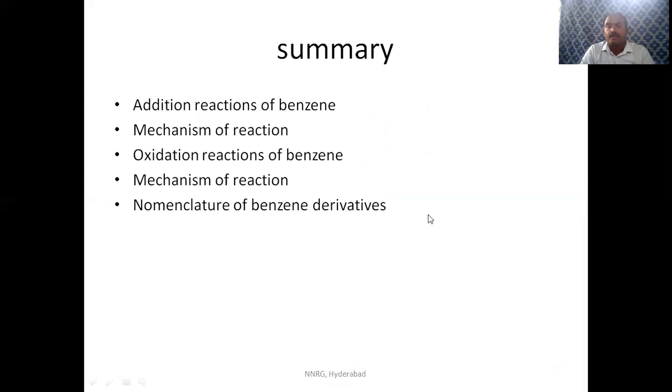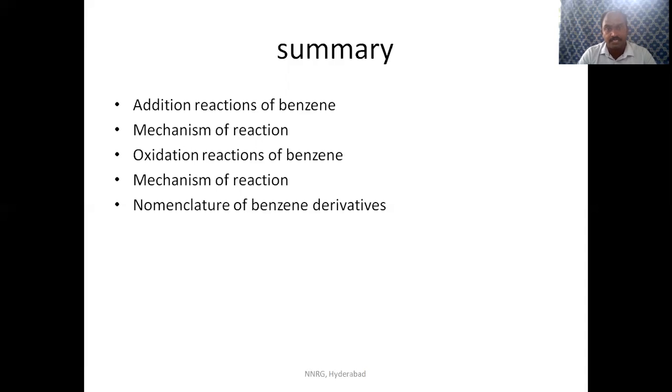In summary, what we have discussed is the different oxidation reactions and addition reactions of benzene. Benzene reacts with halogen to give BHC, that is gammexane. Benzene reacts with hydrogen to give cyclohexane.